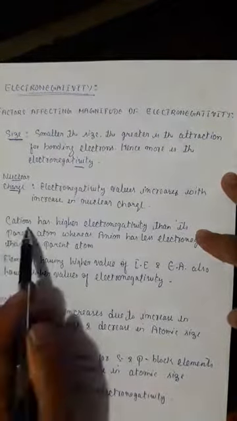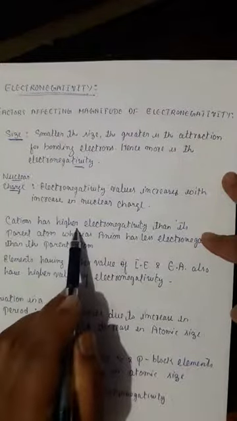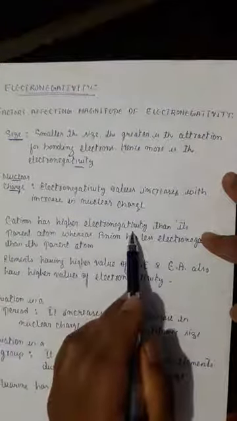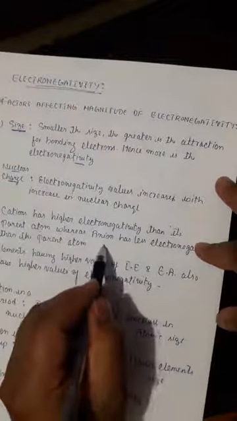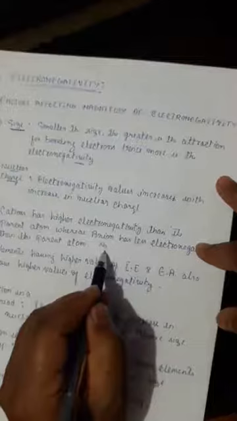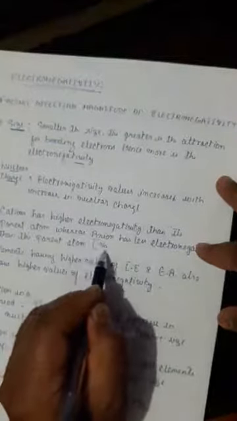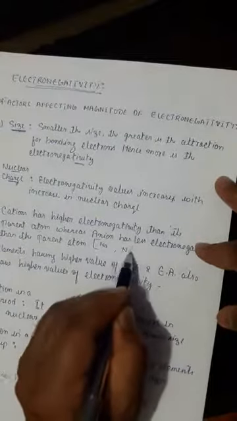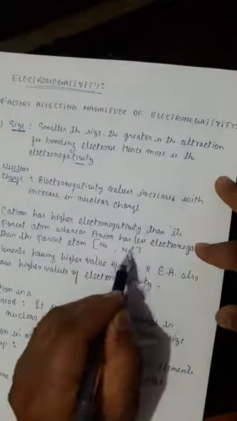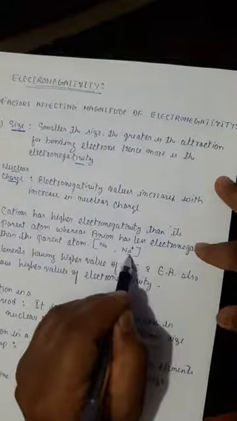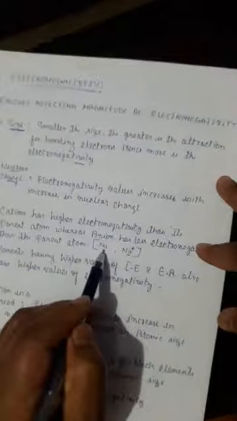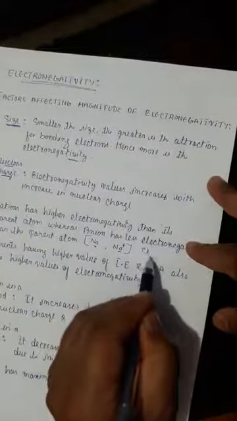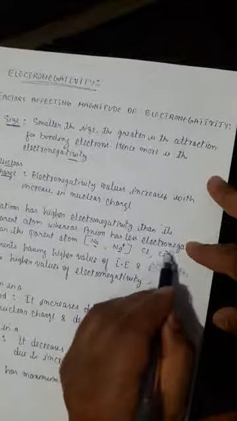Cations have higher electronegativity than their parent atom. For example, you have sodium. Sodium is the atom and this is the sodium cation. Now this sodium cation will have more electronegativity than sodium, whereas for an anion, take the chlorine anion.